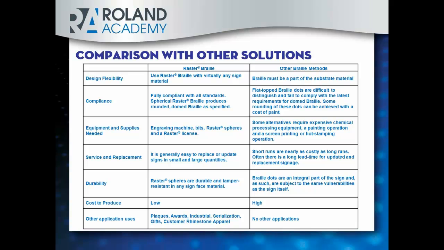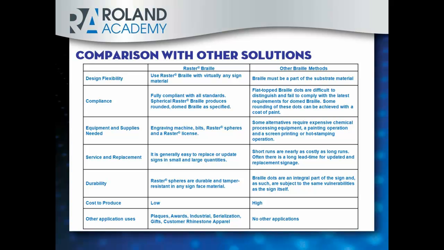Service and replacement, with an engraving system, it's easy to do updates or replacement. So, say somebody needs just one sign replaced. It's a lot more cost effective to do it with an engraver as opposed to photopolymer. If you guys are familiar with the whole digital printing and screen printing side of things, if I'm doing tens of thousands, or thousands of items or even hundreds, screen printing would be the way to go versus digital.